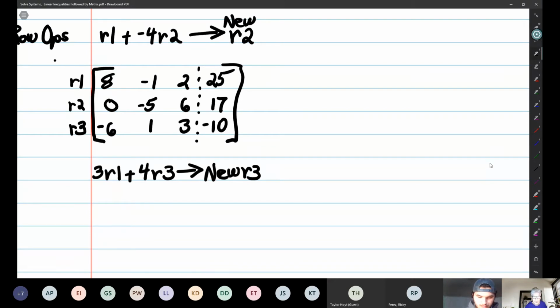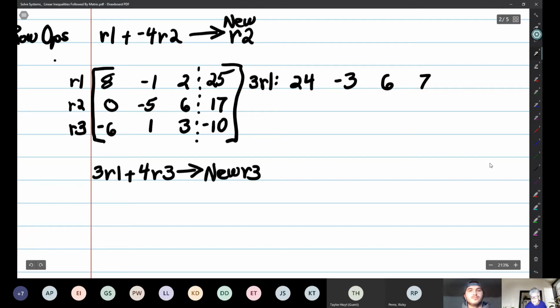Okay, so 3 times row 1 is 3 times 8 is 24. 3 times -1 is -3. 3 times 2 is 6. And 3 times 25 is 75. Now 4 times row 3.